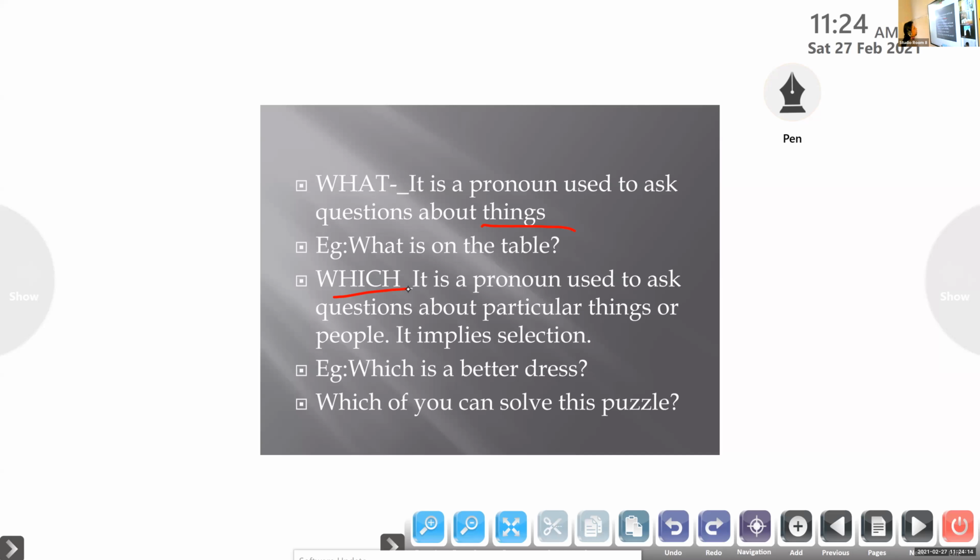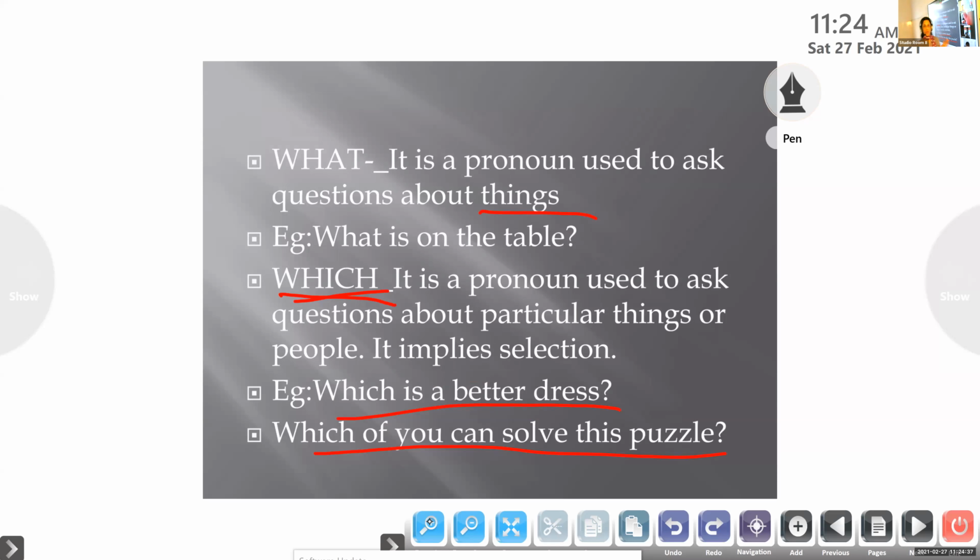Which is a pronoun that is used to ask questions about things or people, and it implies selection. Selection means which one do you want? For example, which is a better dress, which of you can solve this problem? So that is all about the interrogative pronouns. Just know what it is, children.